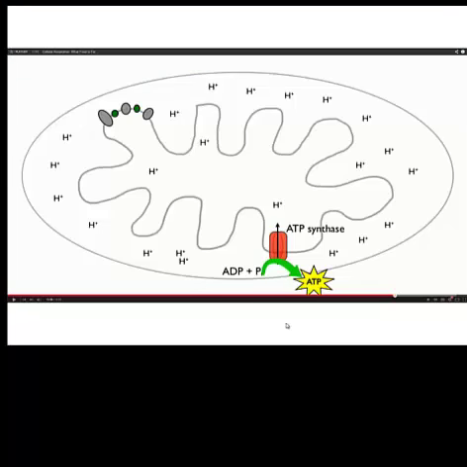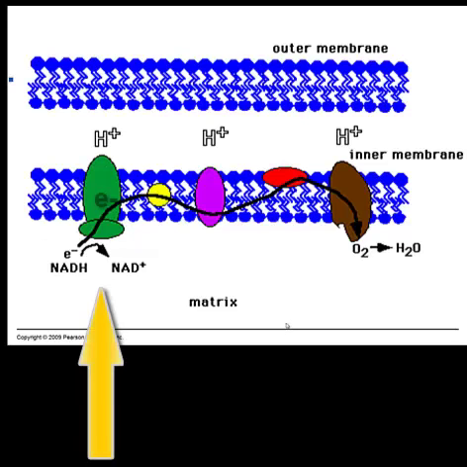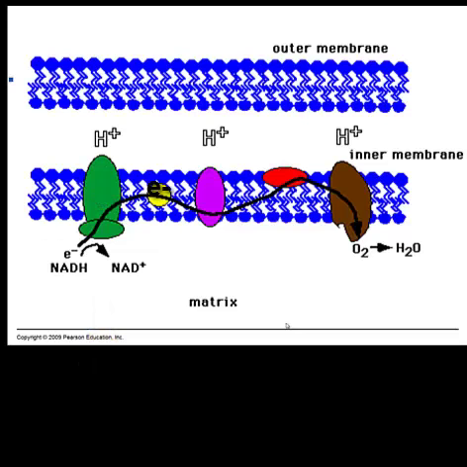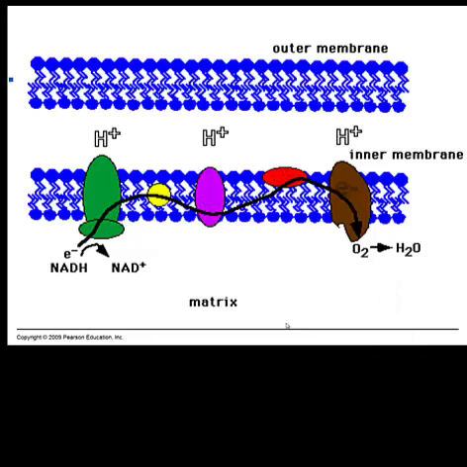And at the electron transport chain, the reduced forms of NADH and FADH2 can transfer those electrons, become oxidized, reducing the proteins in that membrane, and they'll move from one protein to the next, and ultimately they pass to oxygen, and oxygen becomes the final electron acceptor in this electron transport chain.